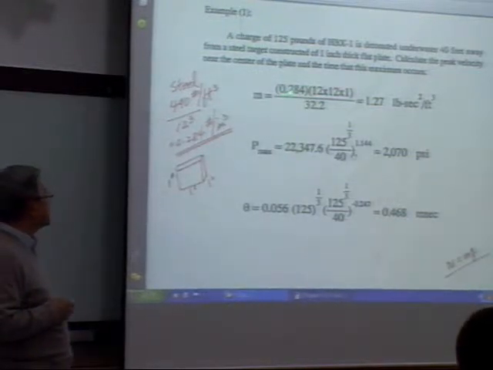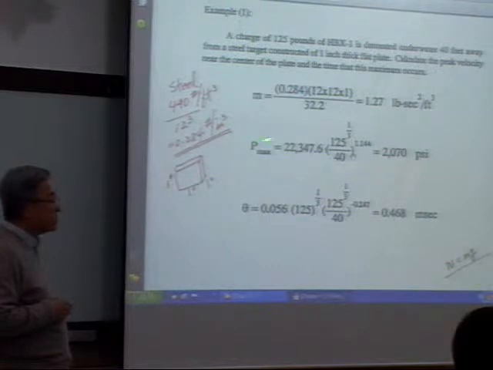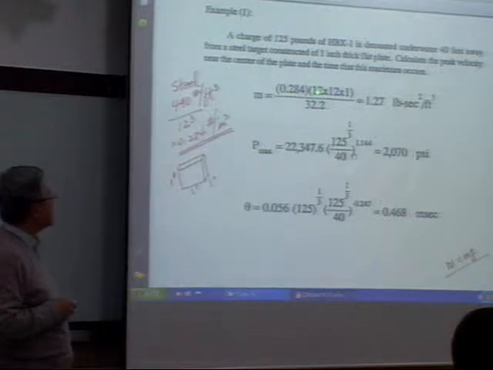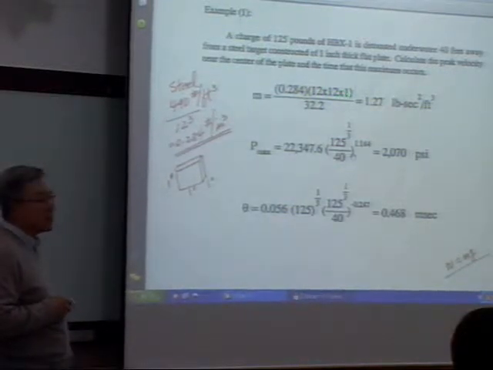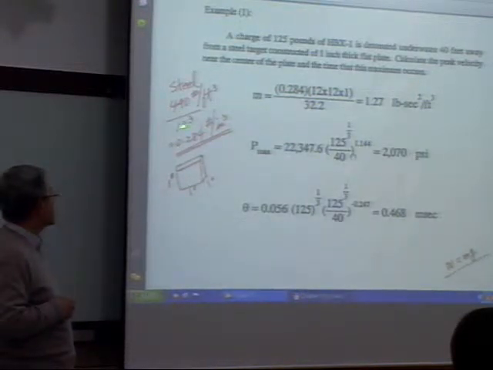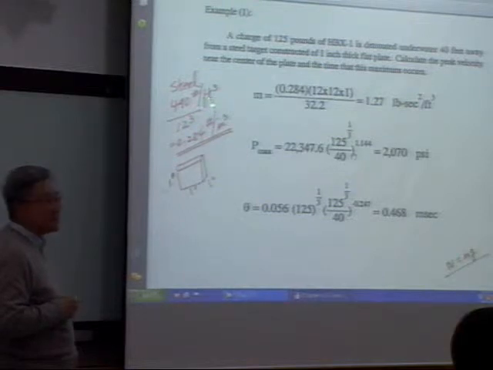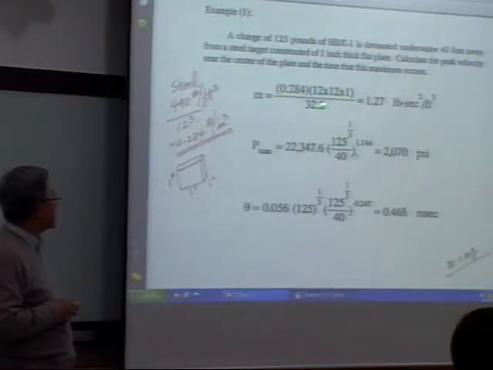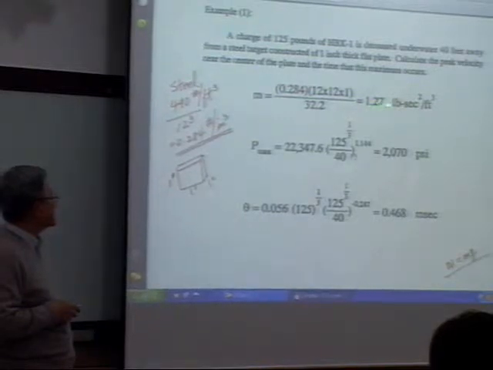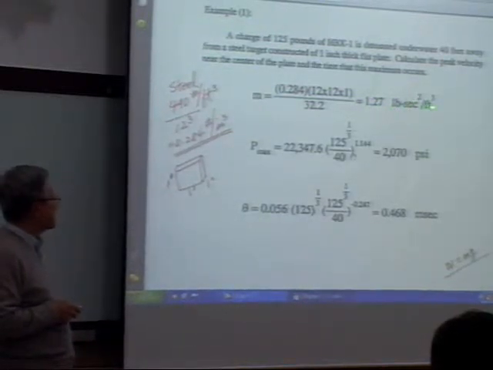So here 0.284 is per inch by inch by inch. Then here I multiply, this is 1 inch, okay? So 12 by 12 by 12, convert back to feet again, because this is 12 cube, feet cube. So now everything's back to feet. If you do that, it's 1.27 pound per second square per cubic feet.